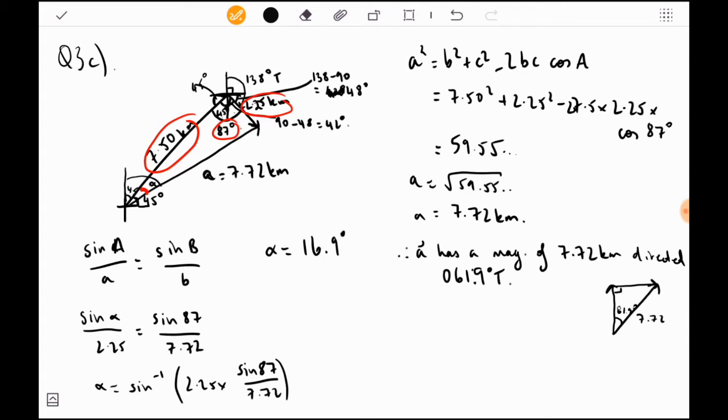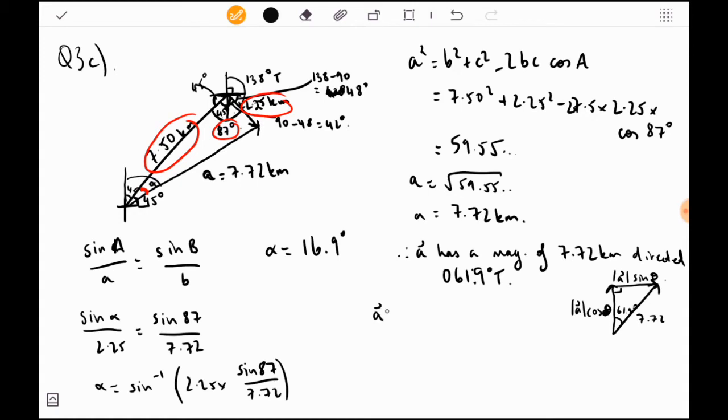So using trigonometry, we know that the vertical component is just going to be the magnitude of A times the cosine of the angle theta, and this is the sine theta, and that's the horizontal component.